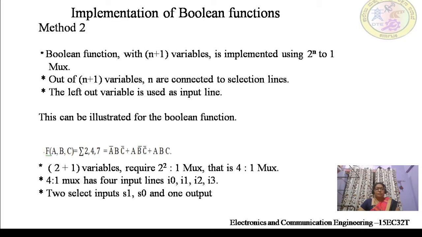Out of these n plus 1 variables, n variables are connected to select inputs, and the left out variable is used as an input line. So if we are using a three variable expression, then out of three variables, one variable is used as input and the remaining two variables are used as select inputs.